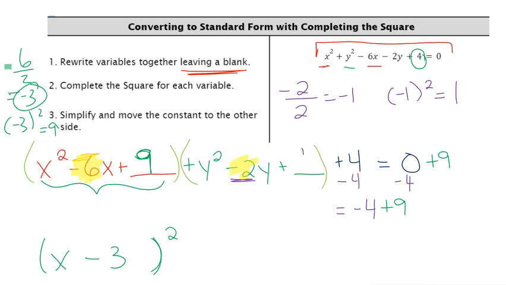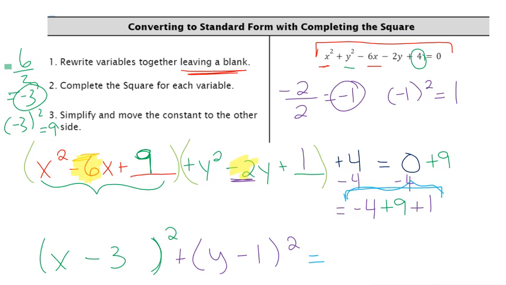So whatever I add to the left, I have to add to the right. And then when I rewrite that out, I'm going to write y minus 1 quantity squared, right? So it's half of that value we have. And then on the right-hand side, I already moved my negative 4, but then I have to put it together with the 9 and the 1.